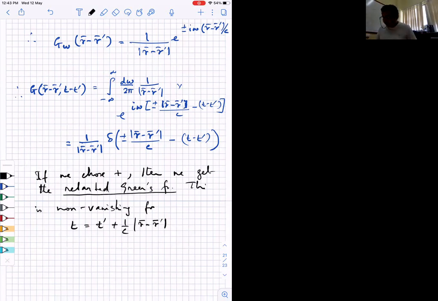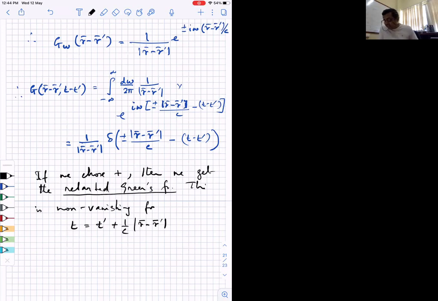Whatever happens at the source, the signal propagates at the speed of light. So things happening at the source at time t prime, whatever is happening, you get to feel at a later time t. That's why it is called retarded. If I had taken the minus sign, instead of a retarded Green's function we would have got an advanced Green's function, the opposite.